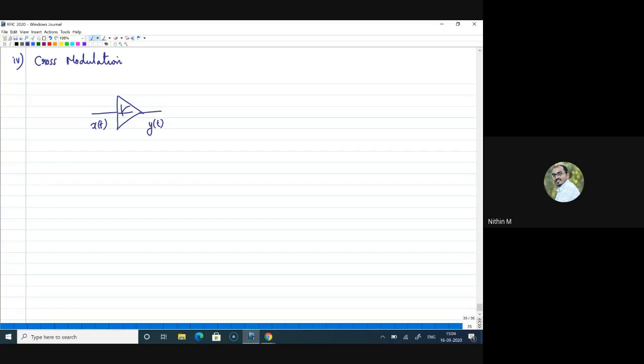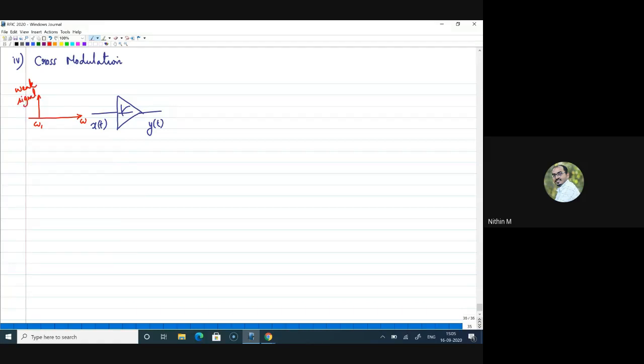Now to the system, I'm considering two signals at the input. One is a desired signal, but it is very weak. So I assume that this is a weak desired signal.